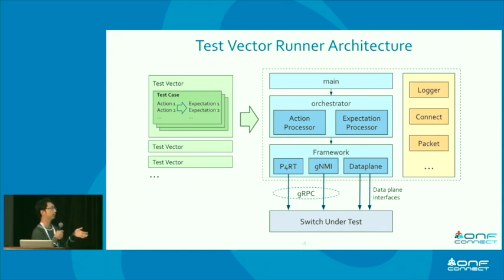And eventually, depending on the types of the actions and expectations, it will call various framework modules to build, send, and receive either gRPC messages or data plane packets. There's also a list of common libraries that's used for logging, gRPC connection management, and packet I/O.